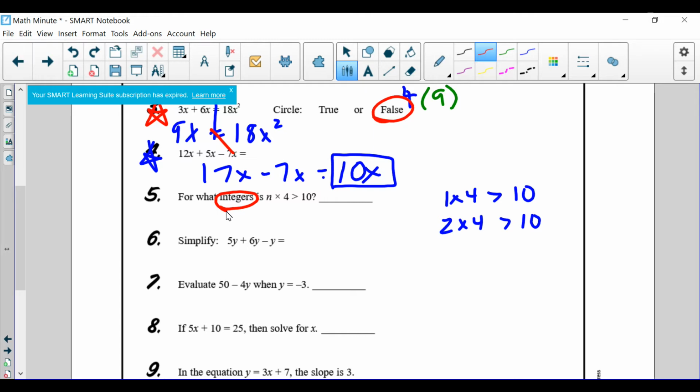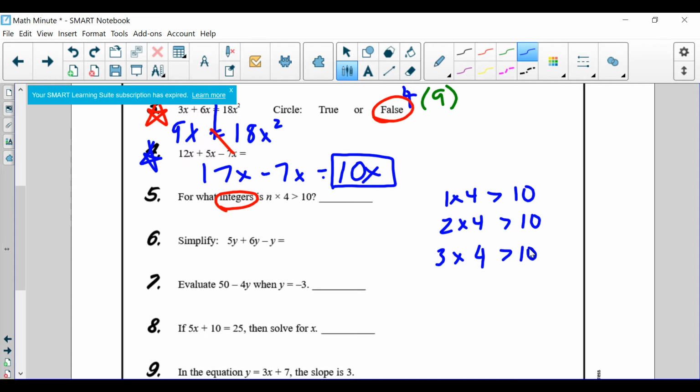So you might be like, oh, I know the answer, the answer is a decimal. Well, we're talking about integers, so it's actually talking about a whole number. So what whole number could it be? Well, could it be 3? 3 times 4, oh yes, that is greater than 10. That's 12. And if we choose 4 times 4, that's also greater than 10. There's a lot of numbers that make this greater than 10.